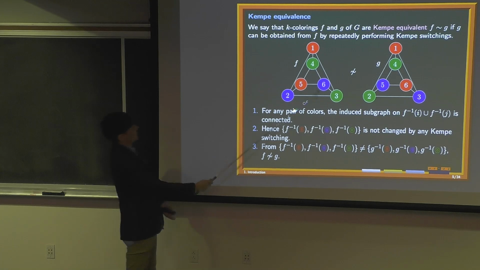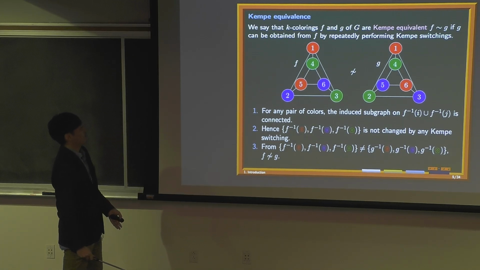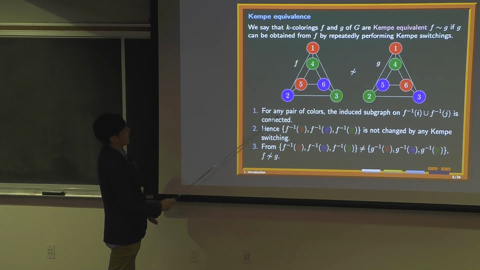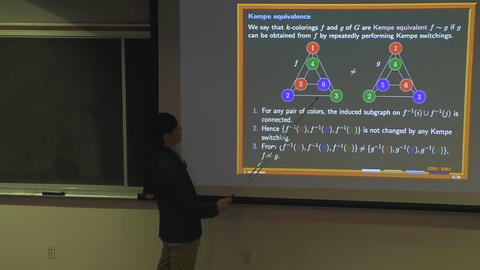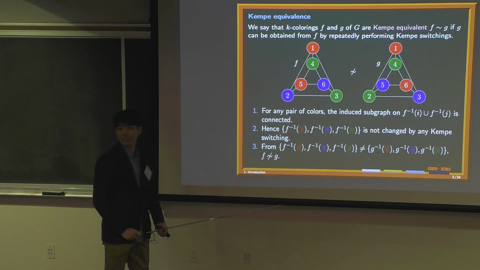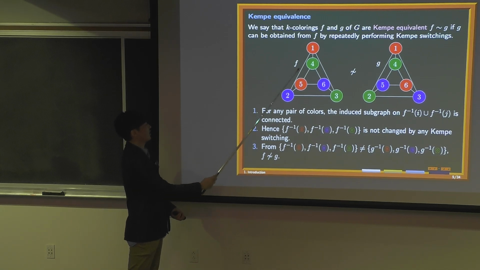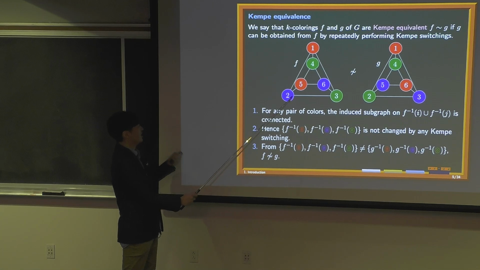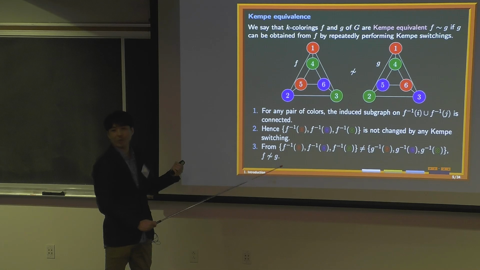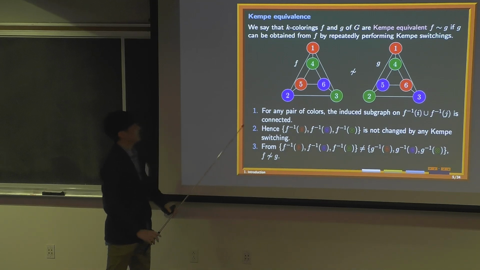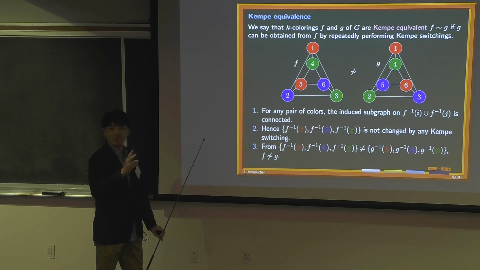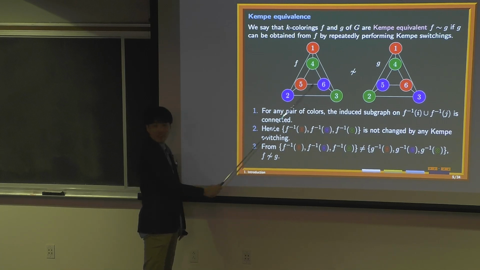For this example, it is not difficult. Indeed, for any pair of colors, the induced subgraph on these two colors is always connected. This means every induced subgraph always consists of one connected component. So Kempe switching means just switching the two colors in the original graph.